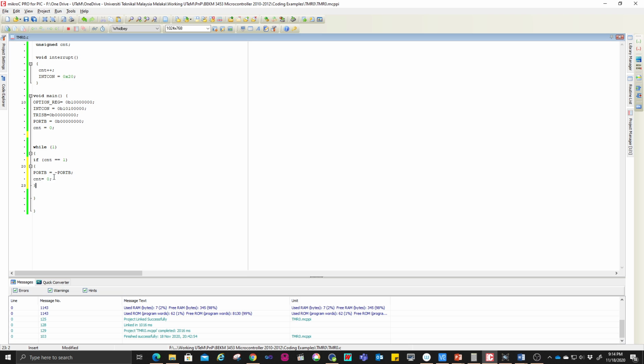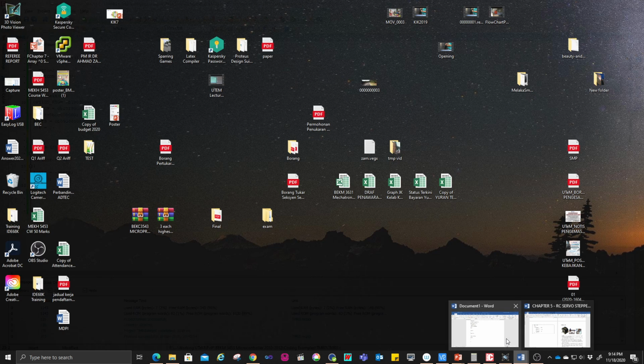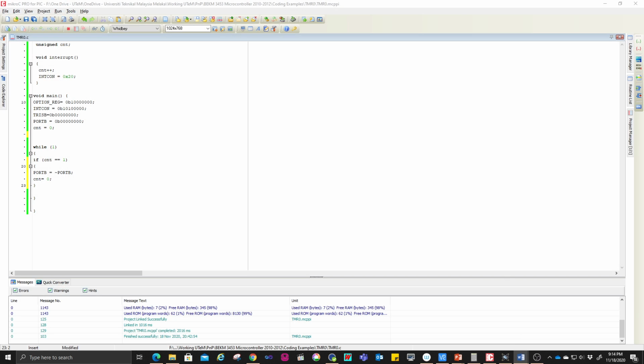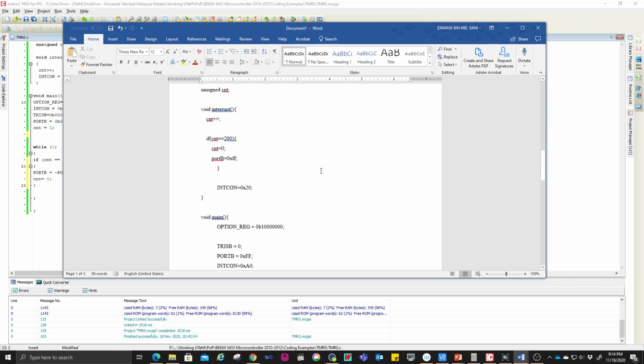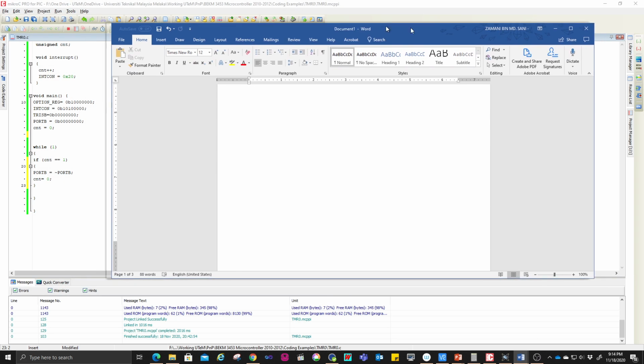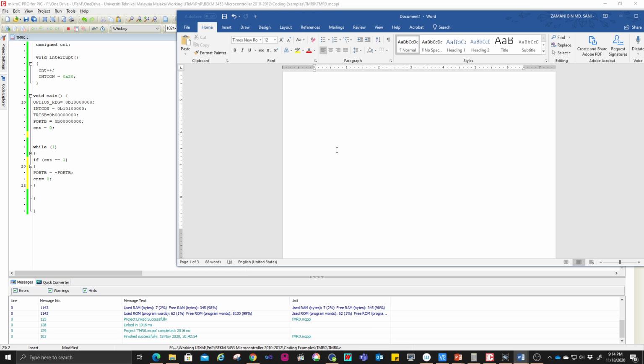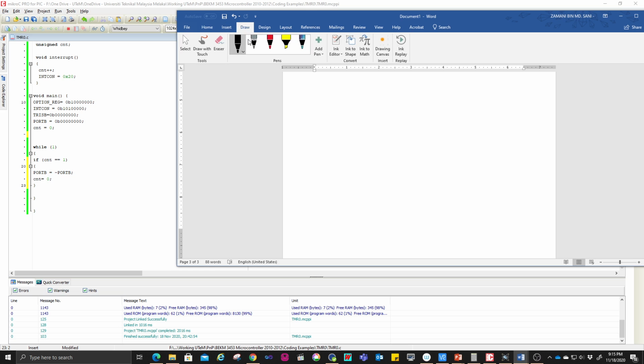So what does that mean? The port B right now is all 0 volt. Okay, let's draw this one. If you run, your program starts, so the voltage out from port B now is 0 volt, because it's the start.